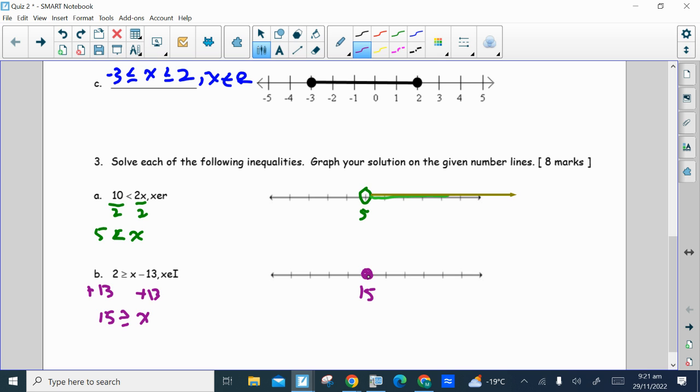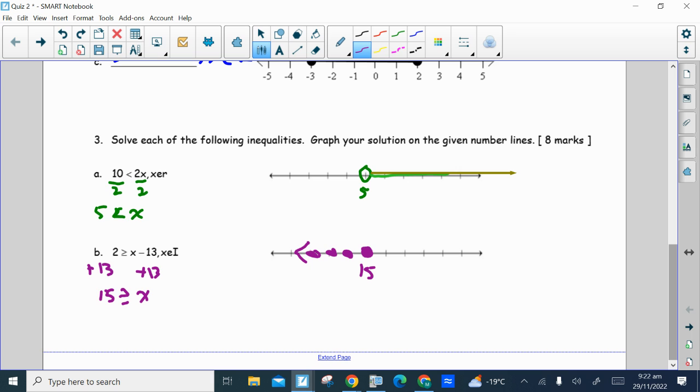So a closed dot on the 15. And because it's less than as well, we go to the left with dots because x is an element of integers. So you need that arrow there to show that that pattern continues. So there's the answer for question B.